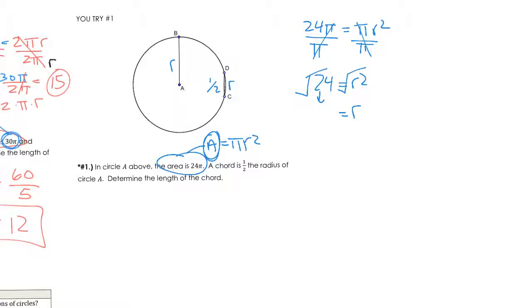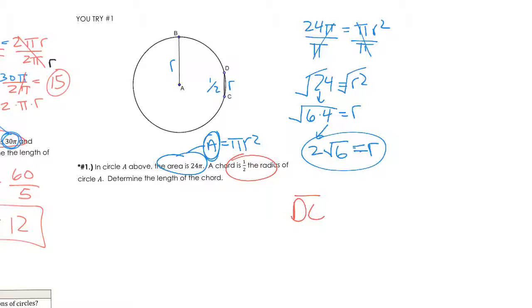And I want to break down square root of 24. So 6 times 4. I can take the square root of 4, so that's 2. Can't take the square root of 6, so I'll leave it under the radical. So my radius is 2 radical 6. Now if I want my chord, it's half the radius.